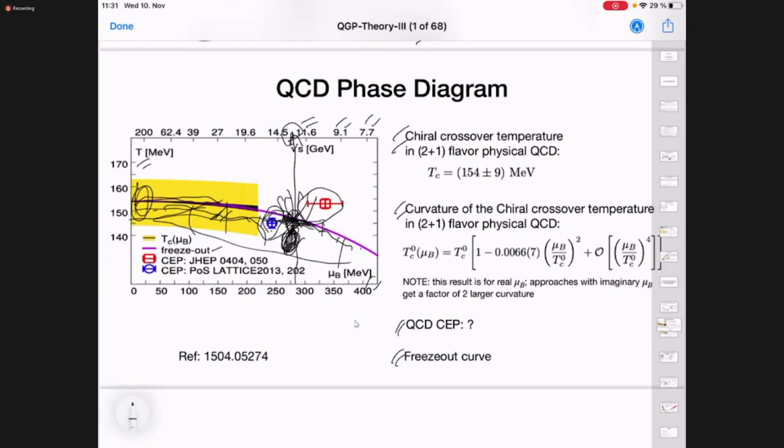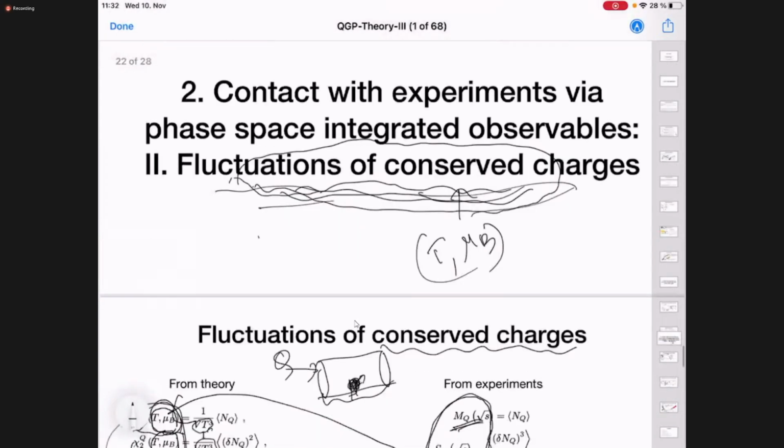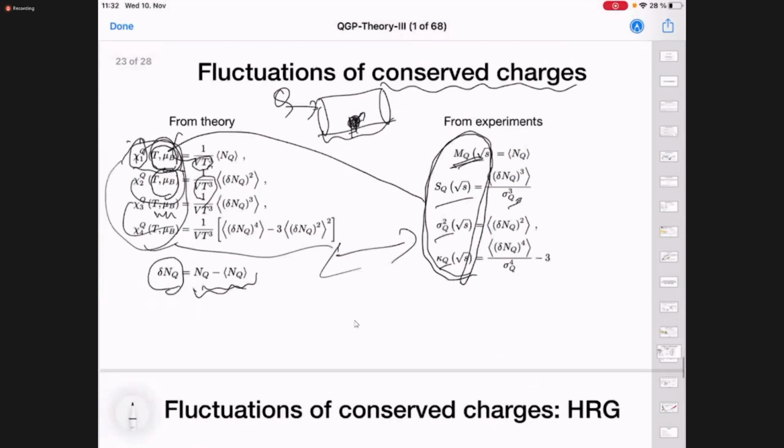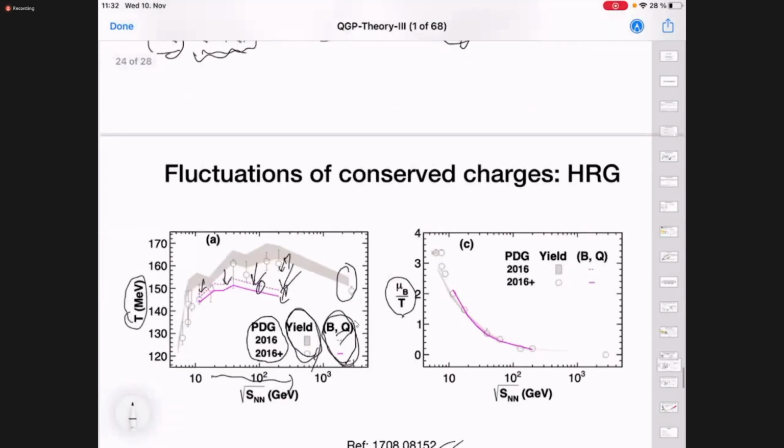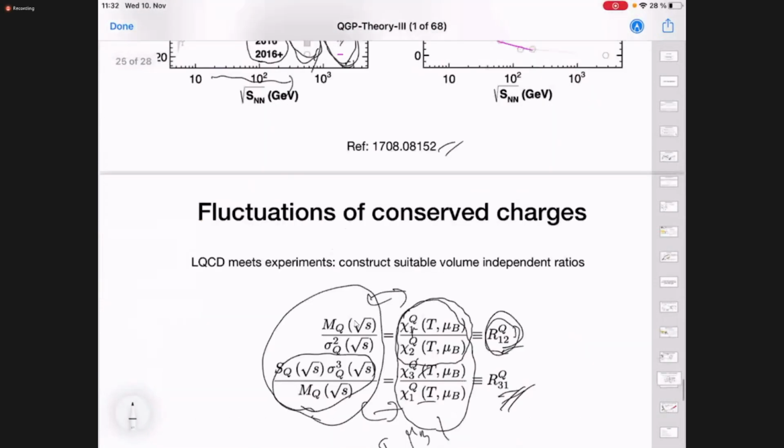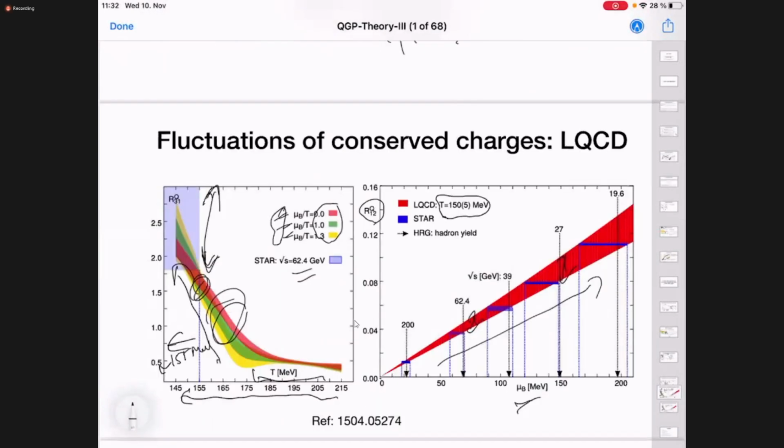The curvature is so small that you could just keep the temperature at some value. So they have kept just 150, for example, and then they just change the mu_B and compare with the experiments here. And so this is the mu_B they extract for different beam energies.